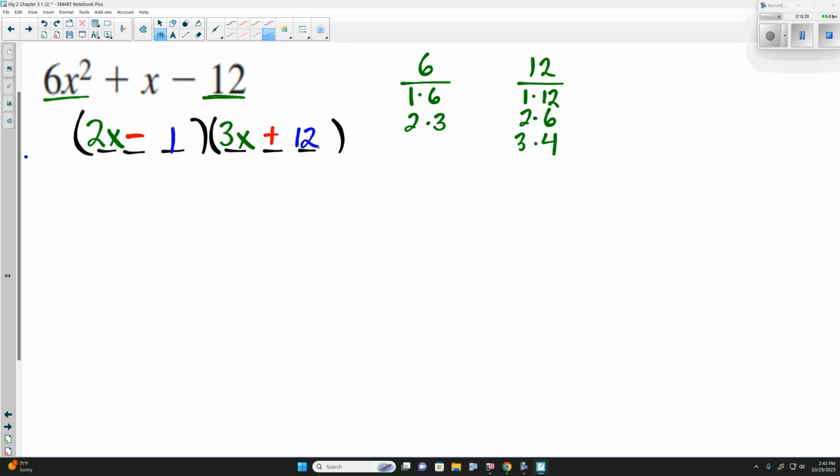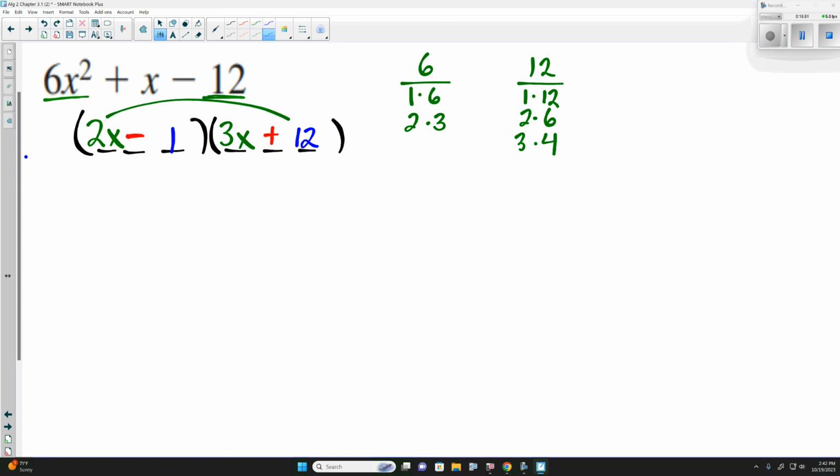Because this 3x plus 12, greatest common factor of 3, would mean I could pull that 3 out to the front. Well, if we could pull it out to the front, it means there had to be one here. So what that means for us is, can the 12 go with the 3x? No, if there's not a greatest common factor to begin with, or if we've already pulled it out, there can't be one showing up later. So the 3x and 12 can't go together.